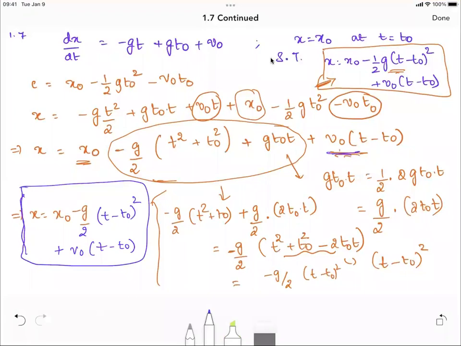So this is exactly what we were required to show, and we managed to show that. We not only found the integration constant, but we also showed that when integrated and substituted with the integration constant, we end up with this value.